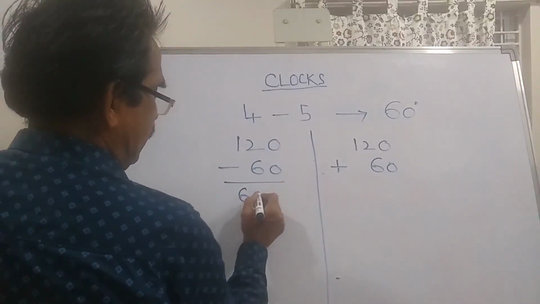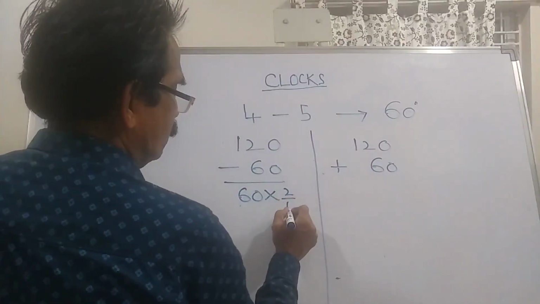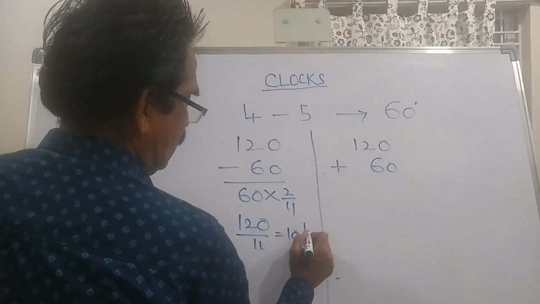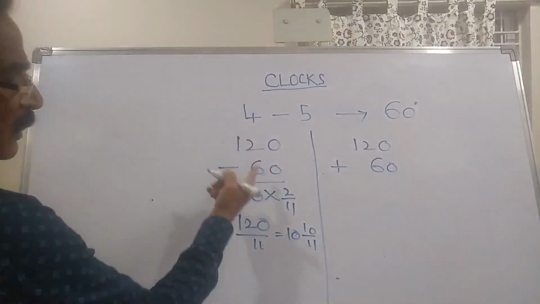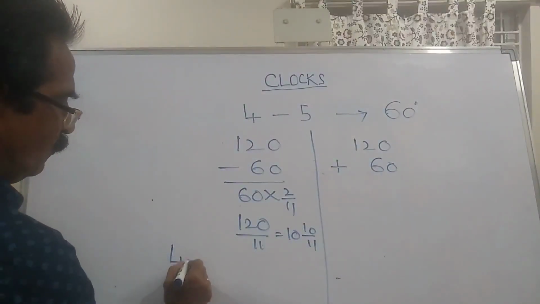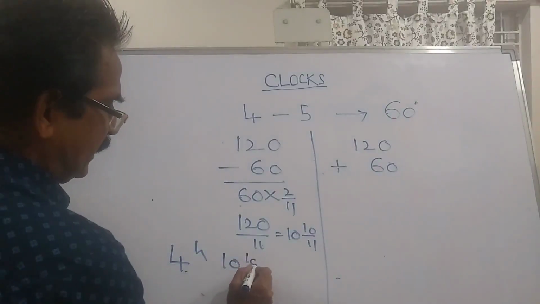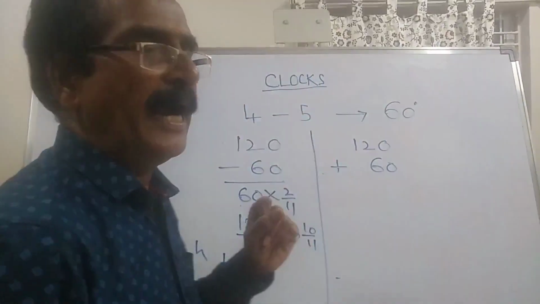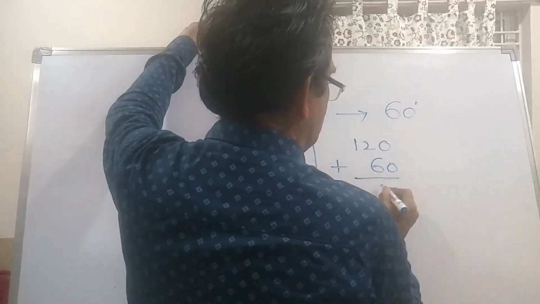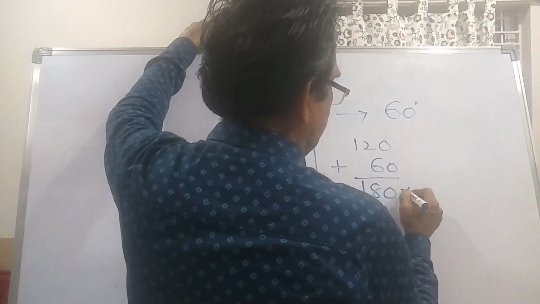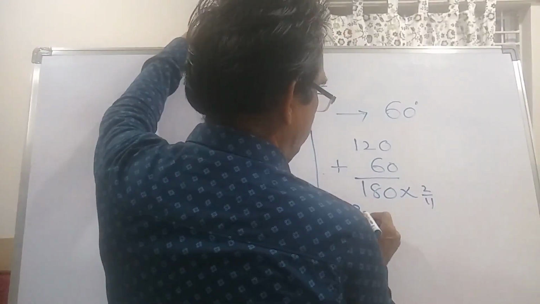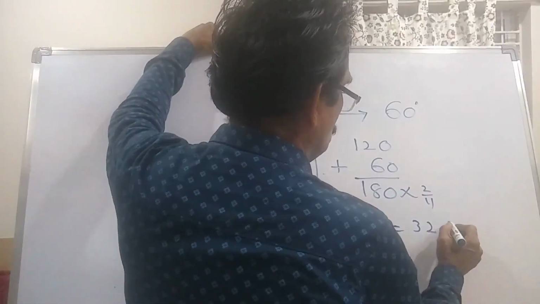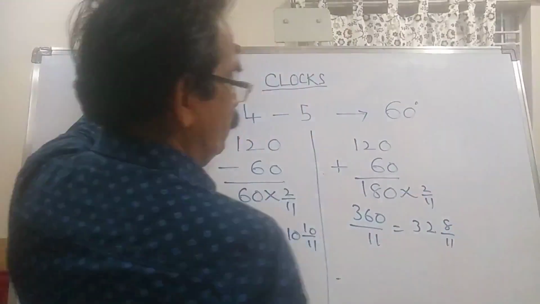120 minus 60 is 60, 60 into 2 by 11 is 120 by 11, that is 10 10 by 11 is one answer. That means 4 hours 10 10 by 11 minutes. At this time the hands will be at 60 degrees. The other time is 120 plus 60, that is 180. 180 into 2 by 11 is 360 by 11, that is 32 8 by 11.